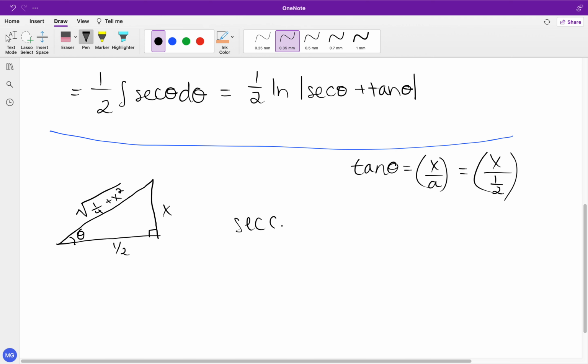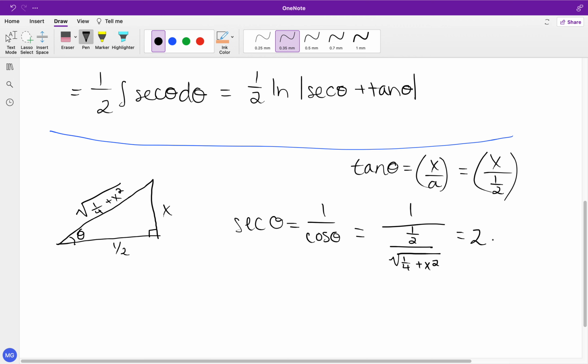We also know that secant theta is equivalent to 1 over cosine theta. In this case, our cosine will be 1/2 over the square root of 1/4 plus x squared.